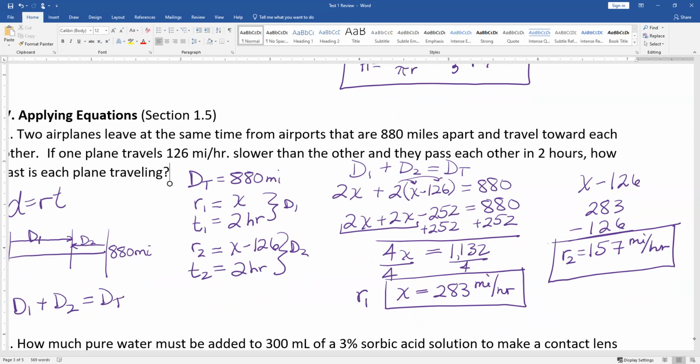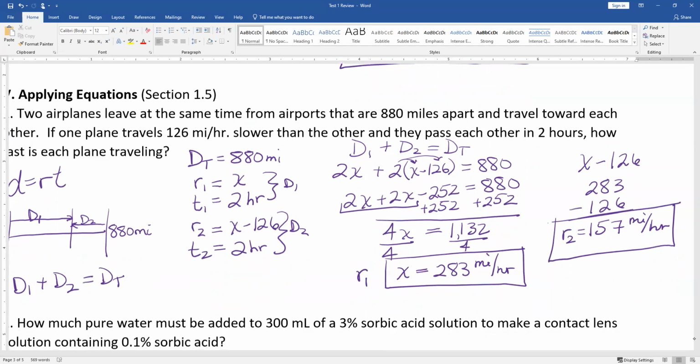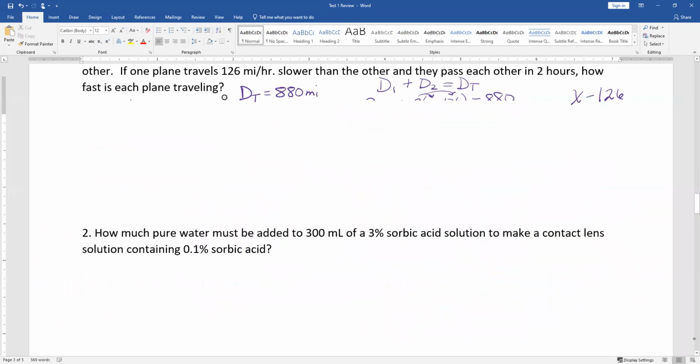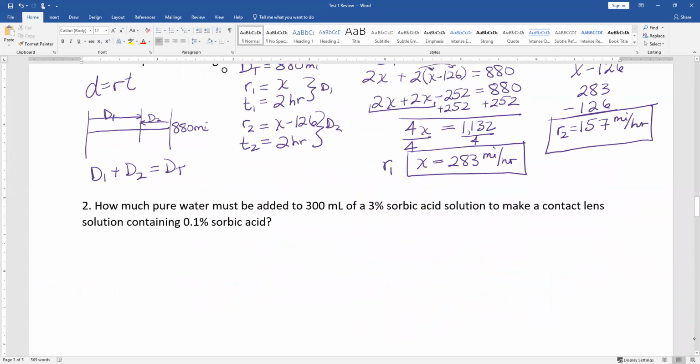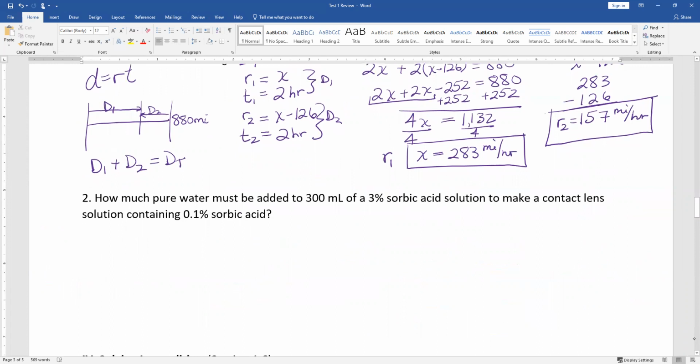All right. Next one, how much pure water must be added to 300 milliliters of a 3% sorbic acid solution to make a contact lens solution that contains 0.1% sorbic acid? Okay, so in this case, what are we doing?